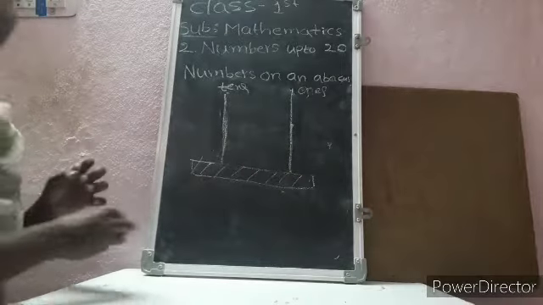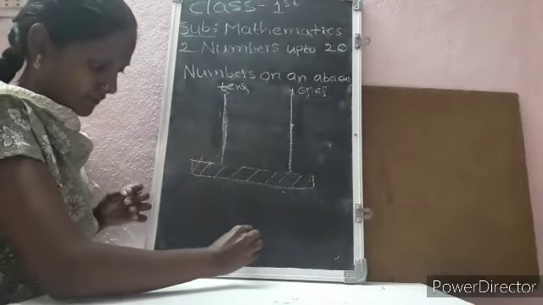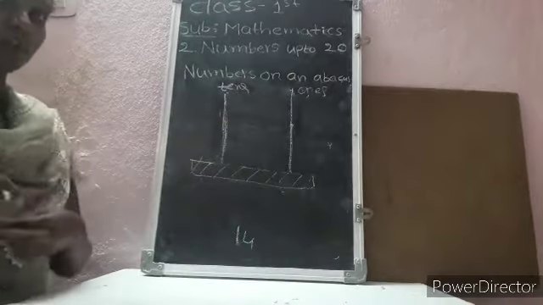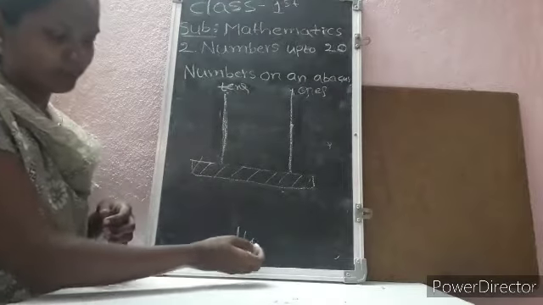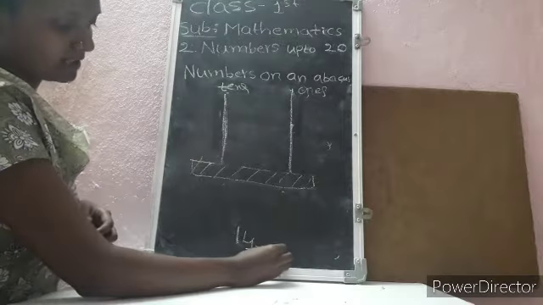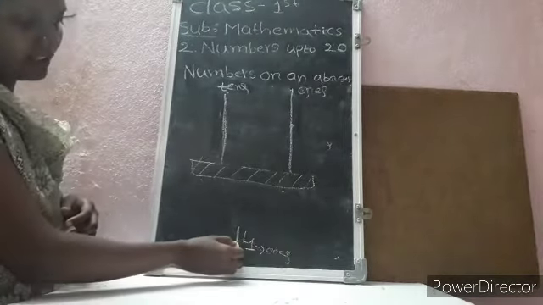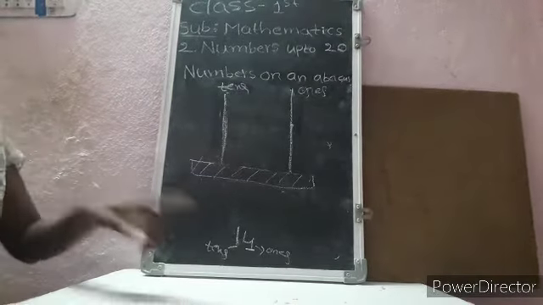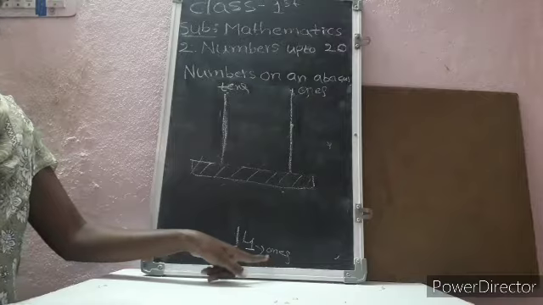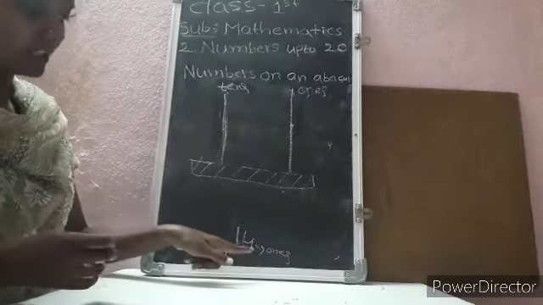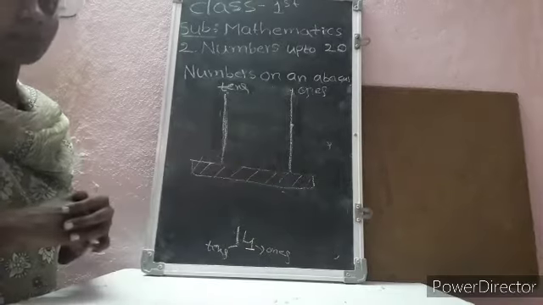Let's see another question. Here the number is 14. In this number 2 digits are there. From the right side we call it the ones place and the left side we call it the tens place. First we divide the ones place and the tens place, and next we draw the beads on the spikes.